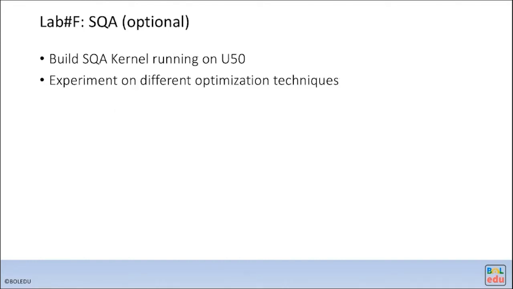Then we're talking about the final project. The final project has to be an end-to-end application solution. You identify an application you are interested in, for example blockchain, or something related to your research. You are given the source code of an application, then you profile it and identify the function to accelerate.